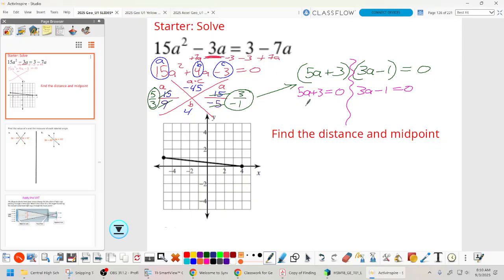So on the left, just subtract 3, divide by 5. And sometimes you get to the point where you can see these answers without showing the steps, which is nice. But it's good practice. Divide by 3, we get 1/3.